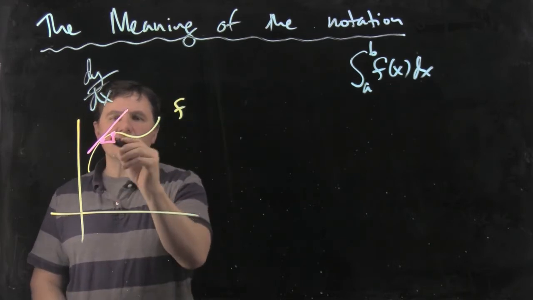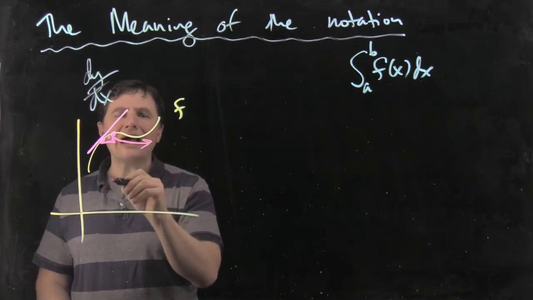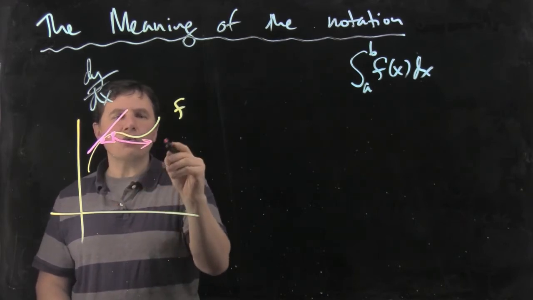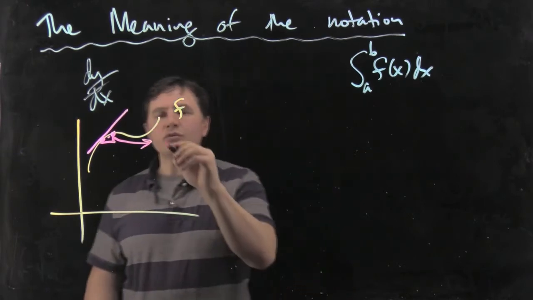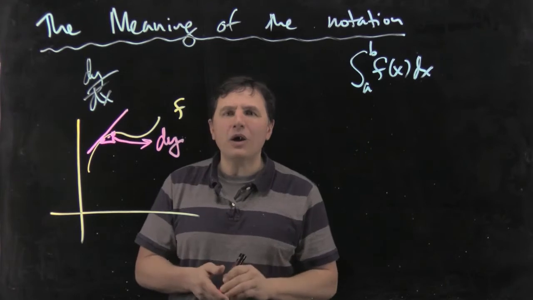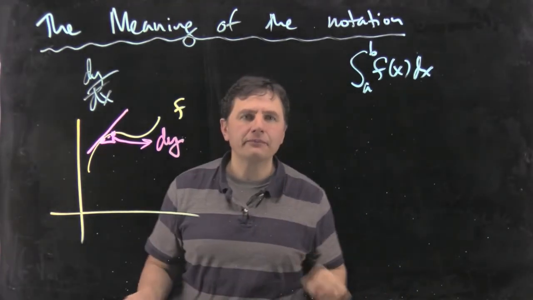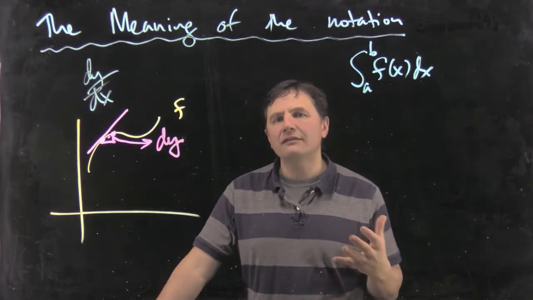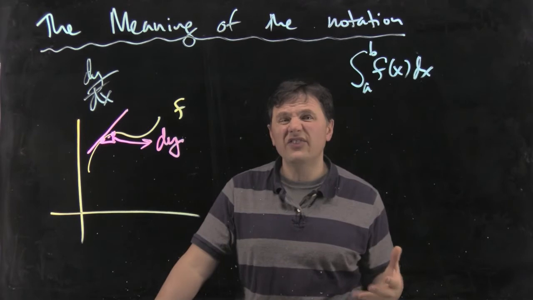So if you think of this as a little slope triangle, then this is our rise and this is our run. Now, instead of calling this delta y over delta x, we call this dy. The reason we call that rise dy is that it means an infinitesimally small change in y. Infinitesimal is really like the reciprocal of infinity.